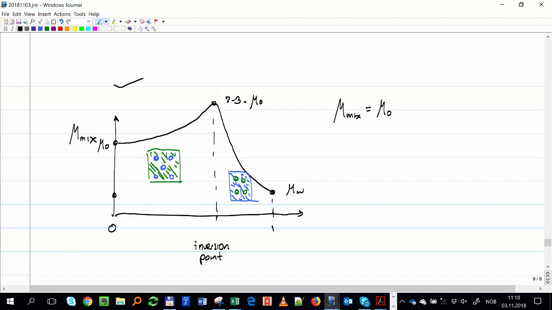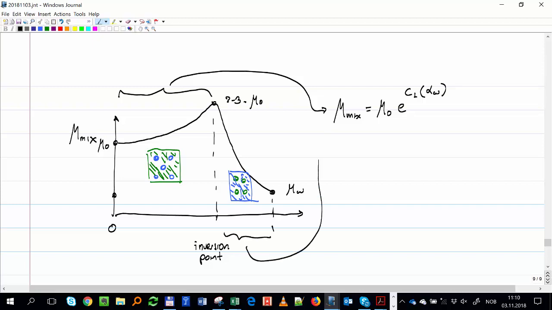So for this range, you use an expression like that, phi with a constant 1 times alpha of water. And for this region here, you use an expression of water times e to the C1 times (1 minus alpha).